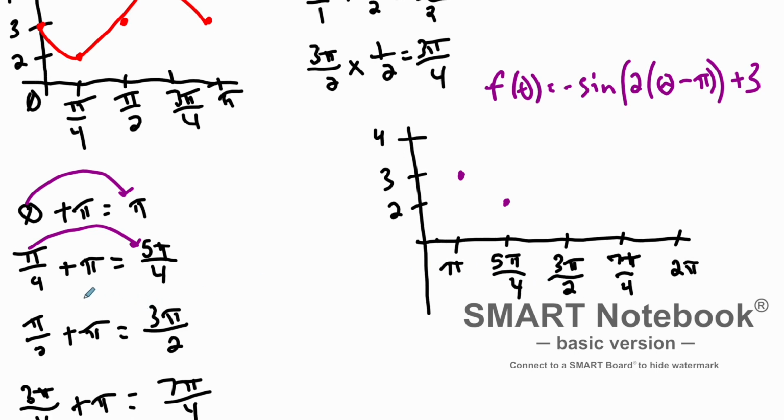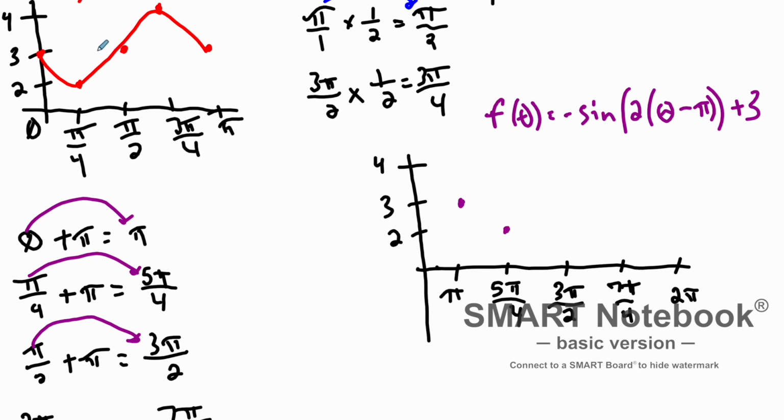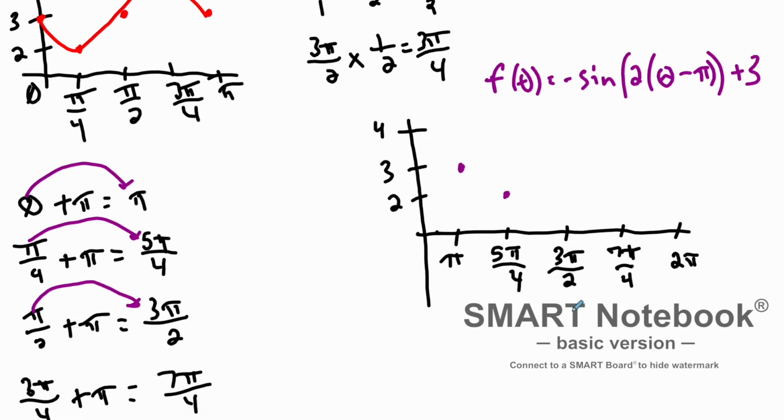Next up, pi over 2 gets moved to 3 pi over 2. So pi over 2, 3, gets moved to 3 pi over 2, 3. Sorry, I'm trying to keep this away from the watermark there.